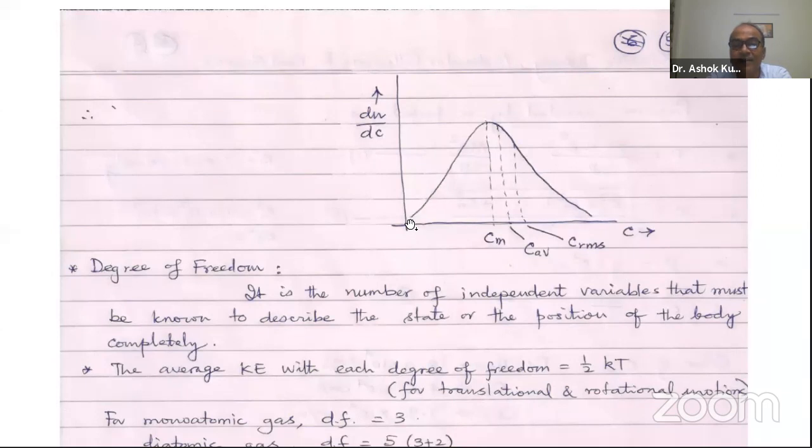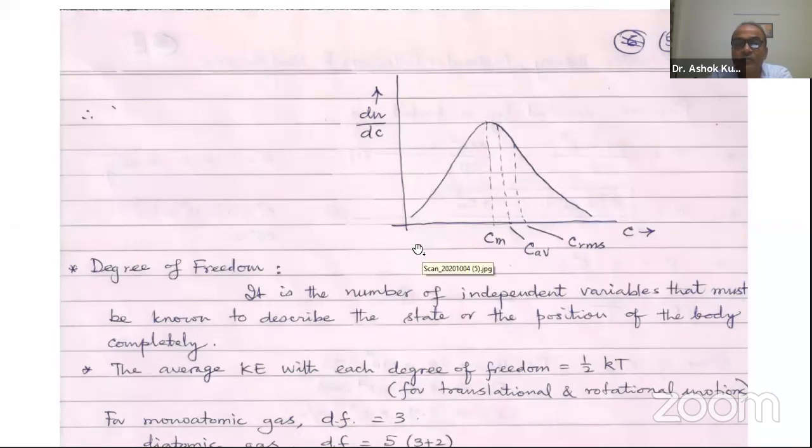We find that this is increasing gradually, attains a maximum, and gradually it decreases. The rise and fall both are exponential in nature, and this distribution is called Gaussian distribution. What is the meaning of it? That means if we select a particular value of velocity, that means the velocity value is very less, for example, just an example, 1 meter per second.